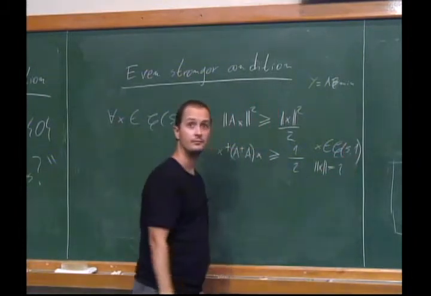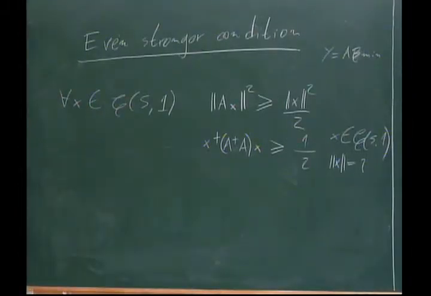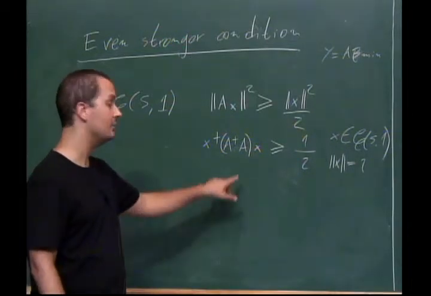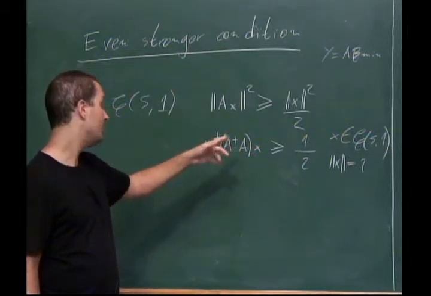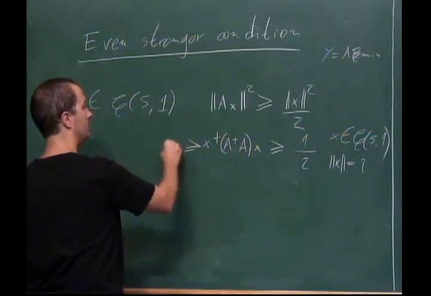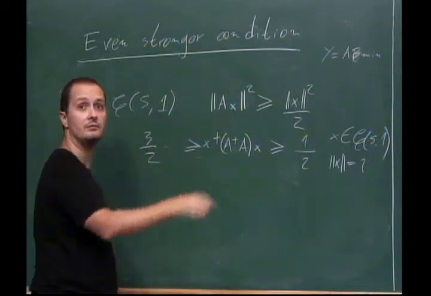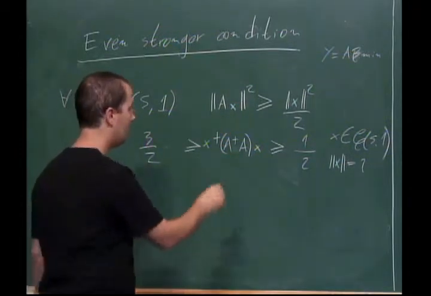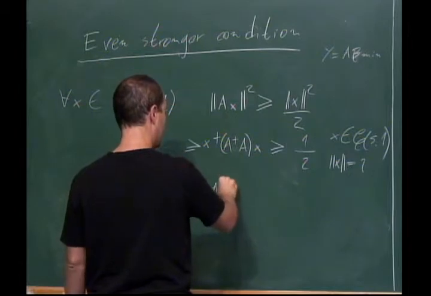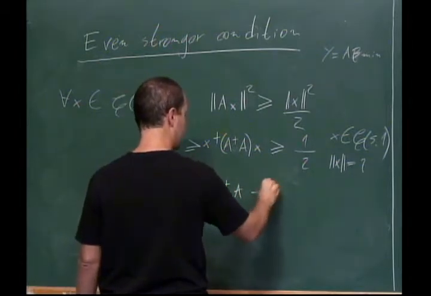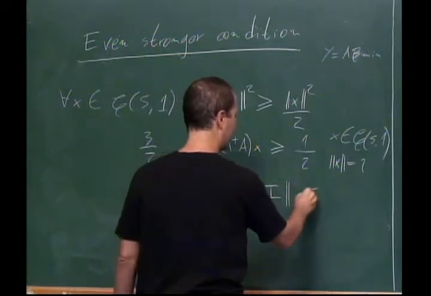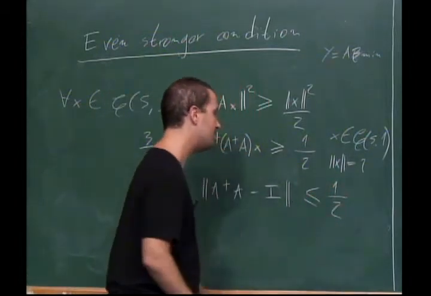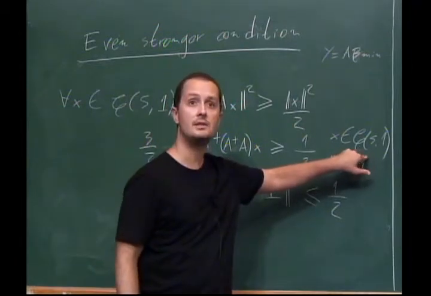You can hope that maybe you can use one of those epsilon net methods to try and do this. Maybe you want to prove something even stronger, say that this is between 3/2 and 1/2. Or even, which would be something similar to saying that A transpose A minus the identity has a norm that's less than 1/2, except that you only measure the norm by using vectors in this set.